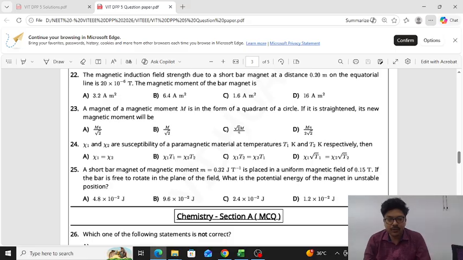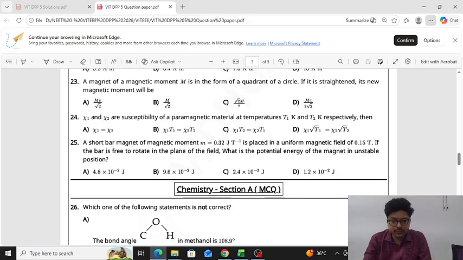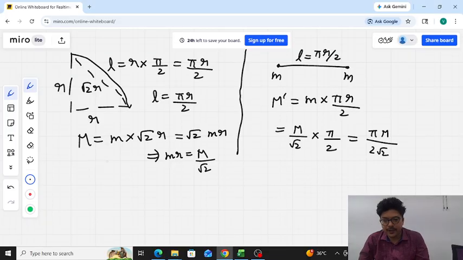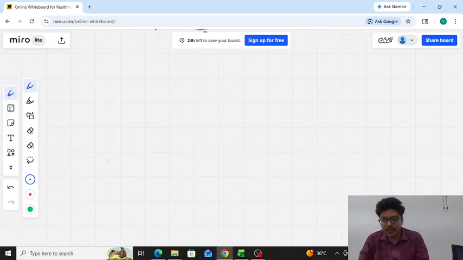Next one, 24. X1 and X2 are the susceptibility of a paramagnetic material at temperatures T1 Kelvin and T2 Kelvin respectively. It's a very simple question. For a paramagnetic material, what is Curie's law? Magnetic susceptibility is inversely proportional to temperature.